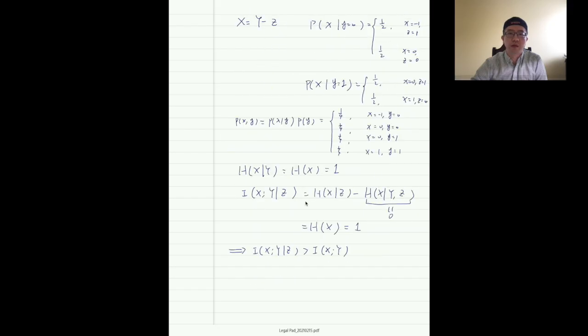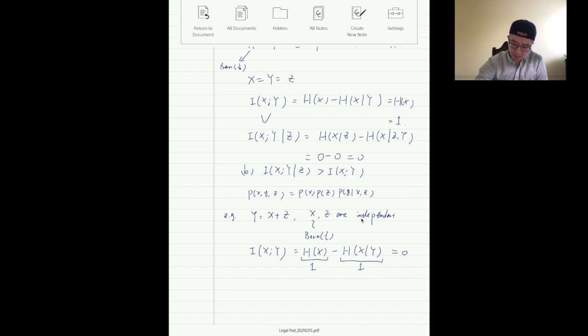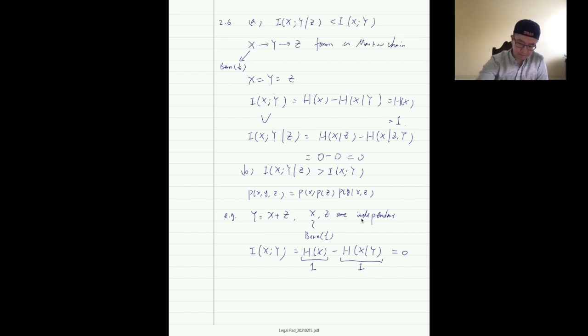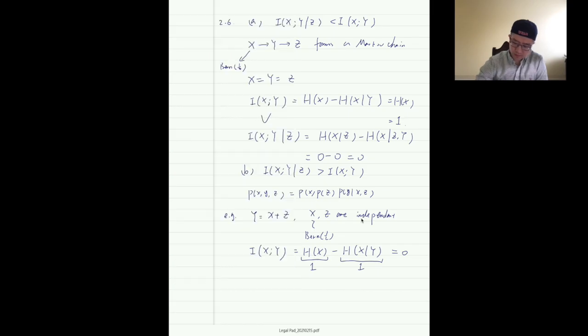Okay, it should be part B. Yeah, here, right? So we let Y equal X plus Z, and X, Z are independent, right? So that will solve the problem. Okay, very good. Let's go back.